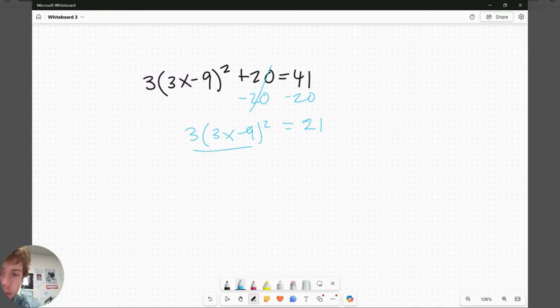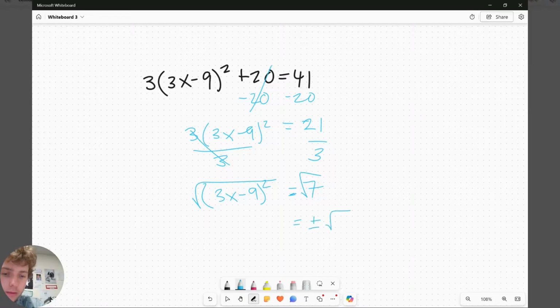So if the 3 is multiplying, let's divide by 3. If our parentheses are being squared, let's get rid of that. Let's square root to do that. The square and the square root go away, so that just leaves me with the 3x minus 9.